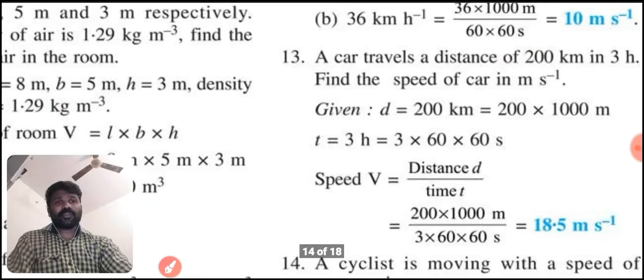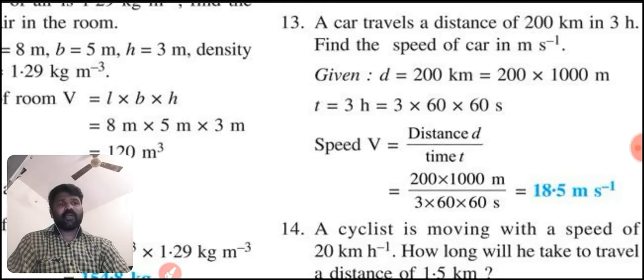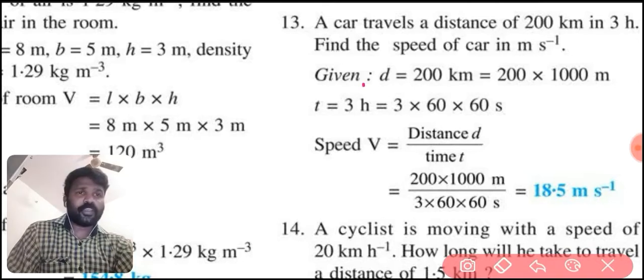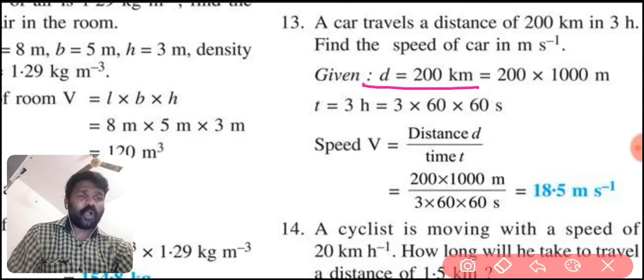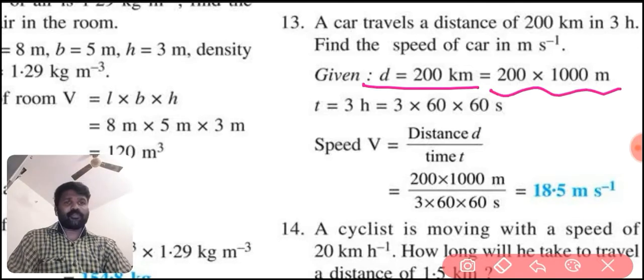Now our 13th question. Please read the question. A car travels a distance of 200 km in 3 hours. Find the speed of the car in meter per second. Here it is given that distance D is equal to 200 km, that is equal to 200 into 1000 meter.